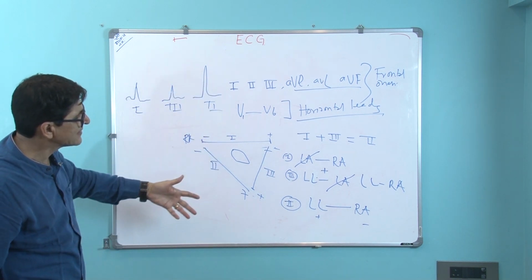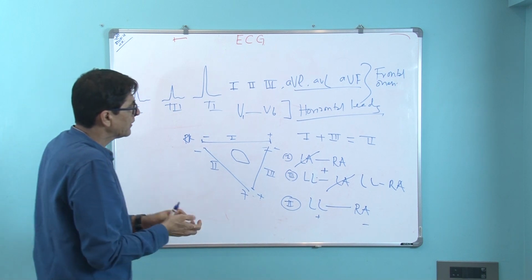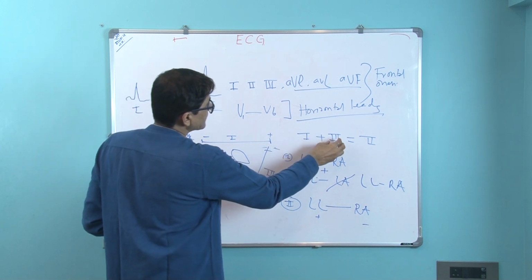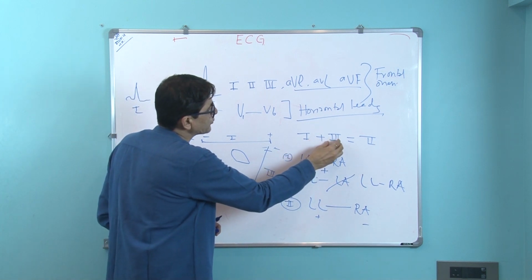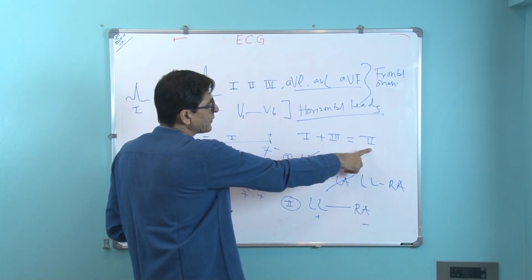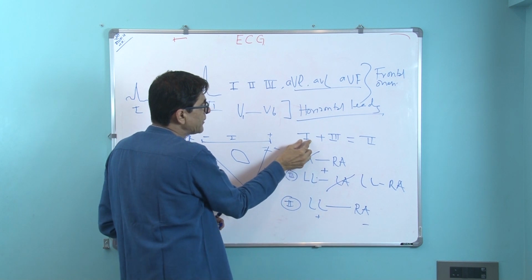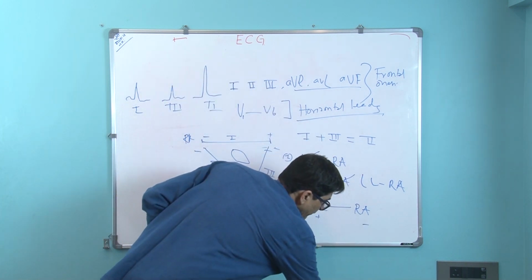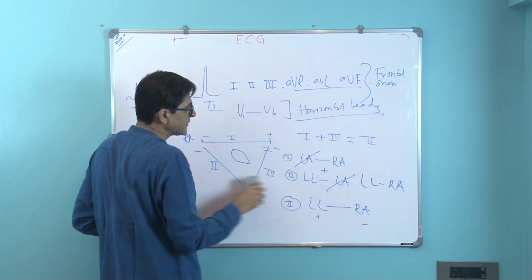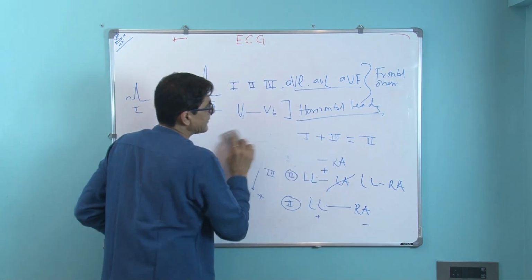When you start seeing ECGs, you will come to know how lead 1 plus lead 3 works. If you add positive deflection and positive deflection, it equals the positive deflection of lead 2. If you add negative and negative, it will be the negative deflection of lead 2. So 1 plus 3 is equal to 2.